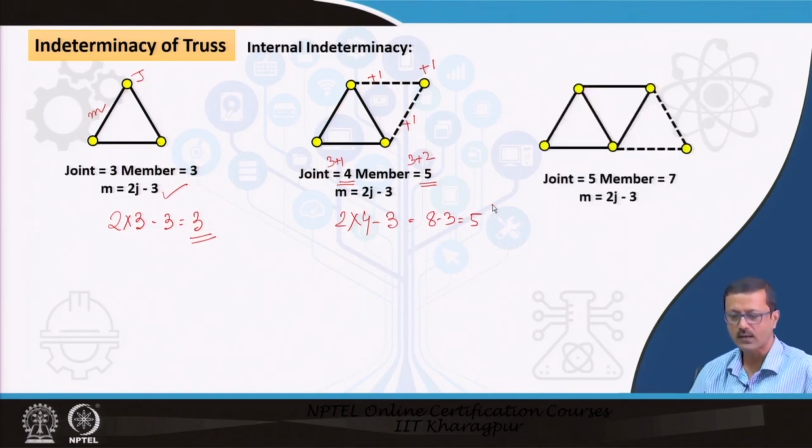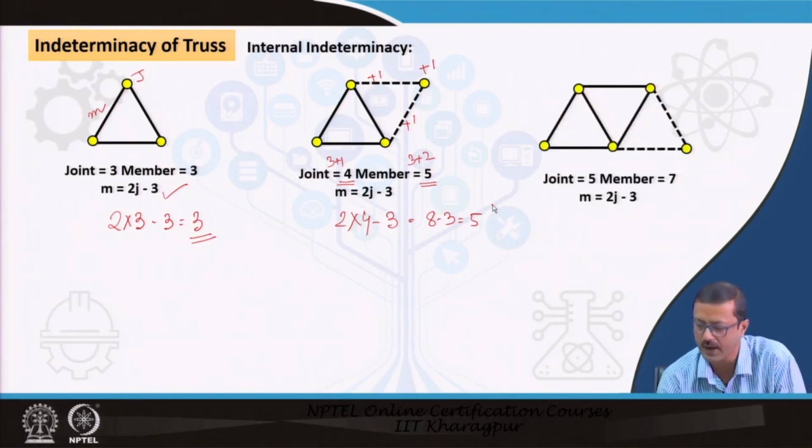Let us go one step further. We have added another joint. So, the joints are now 4 plus 1, 5, and 2 members are added. So, 5 plus 2 equal to 7.